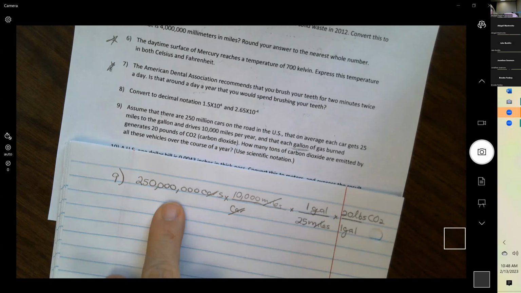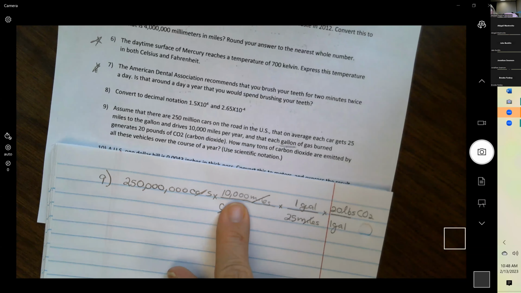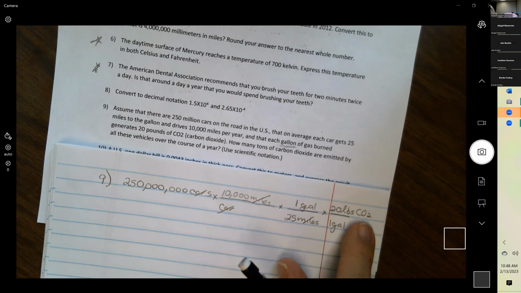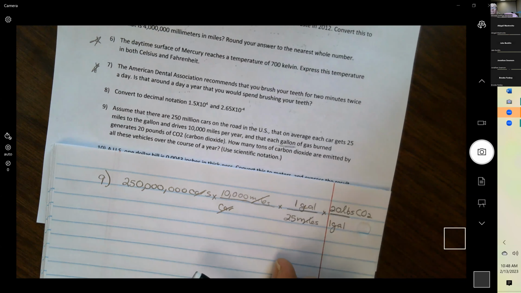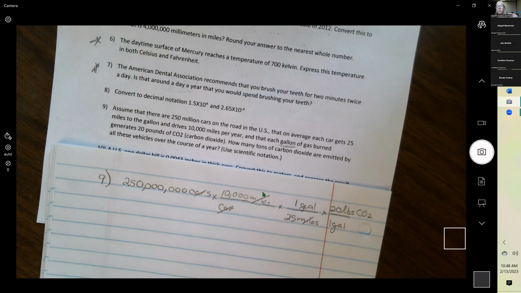So I started with the number of cars and how many miles they drive in a year. And then I knew 25 miles was 1 gallon of gas. And 1 gallon of gas is 20 pounds of CO2. So this will give me the amount of CO2, because everything canceled but the carbon dioxide, pounds of it.